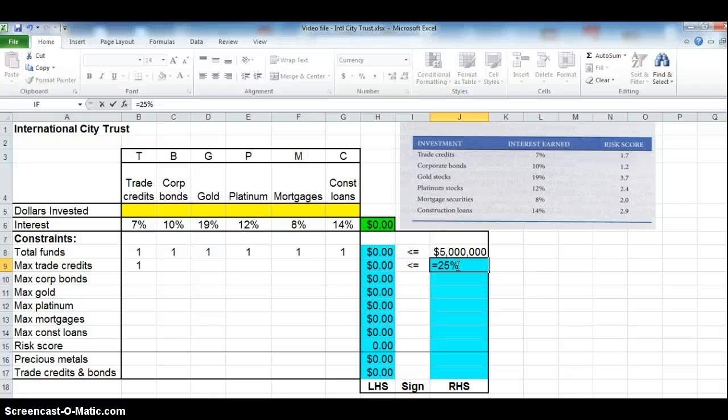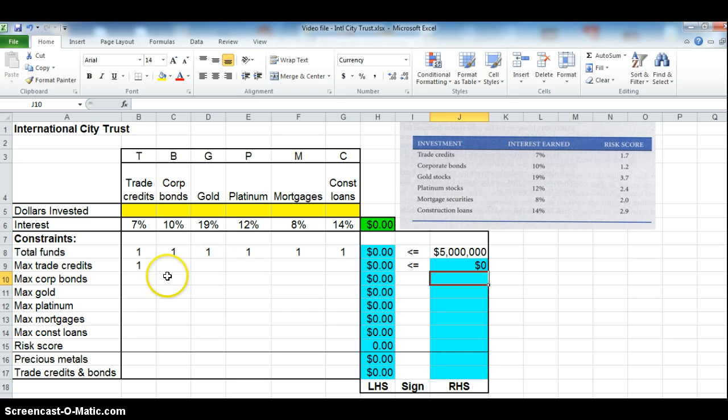So it's 25% of how much we're actually going to invest. That's in cell H8. The actual amount of money that we are going to invest is in H8. And H8 is going to be less than or equal to $5 million. So anytime we have a constraint about the percentage of how much we invest, we always have to make sure that we are writing that constraint off of cell H8.